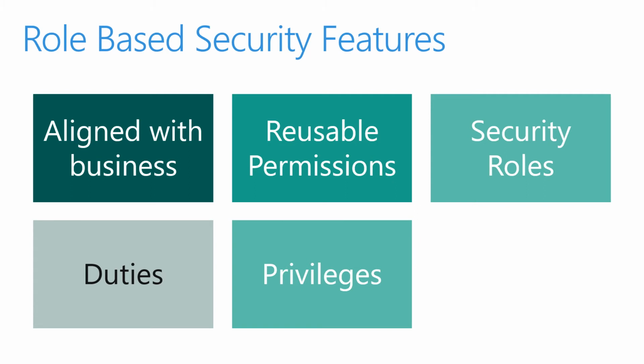In the security model for Talent, privileges specify the level of access that's required in order to perform a job, solve a problem, or complete an assignment. Privileges again can be assigned directly to roles. However, for easier maintenance, it is recommended that you only assign duties to roles and not assign a privilege directly to a role.